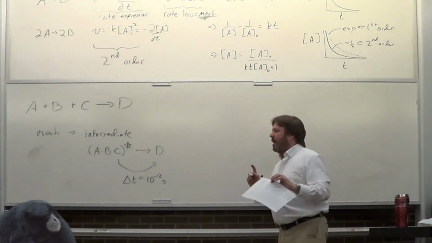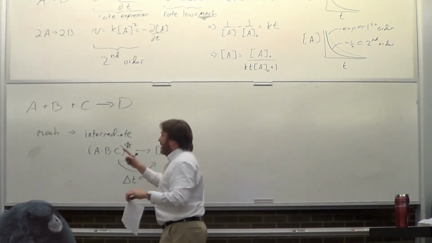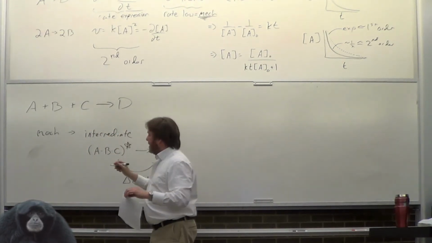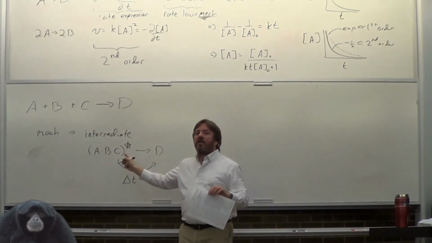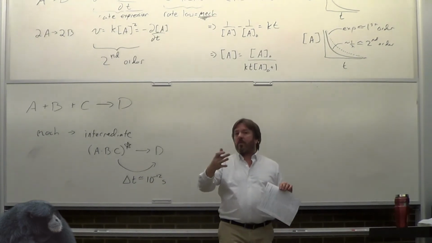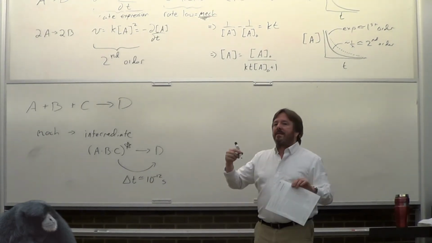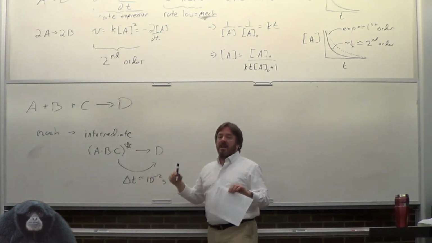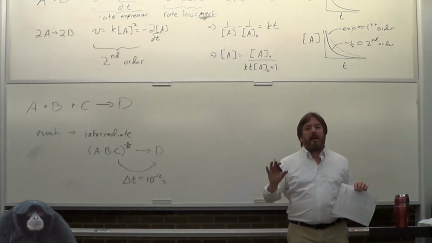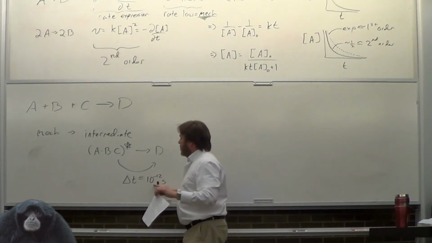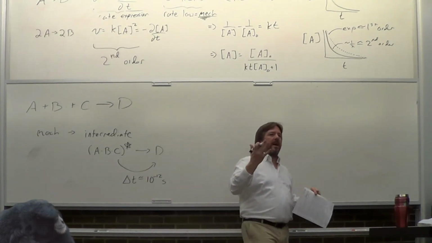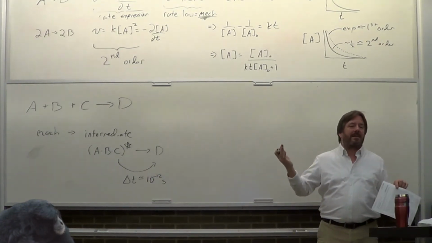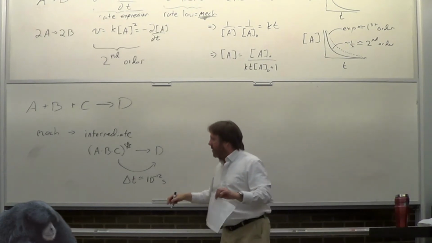But what you're generally waiting for, if this is truly the mechanism, is for the species to find each other. The rate that you measure is the rate it takes for these things to find each other and to have enough energy. That is what you are waiting on. When it does decide to go, it goes so quickly that you wouldn't write a rate equation for that because it's basically instantaneous. And that's a very small number.